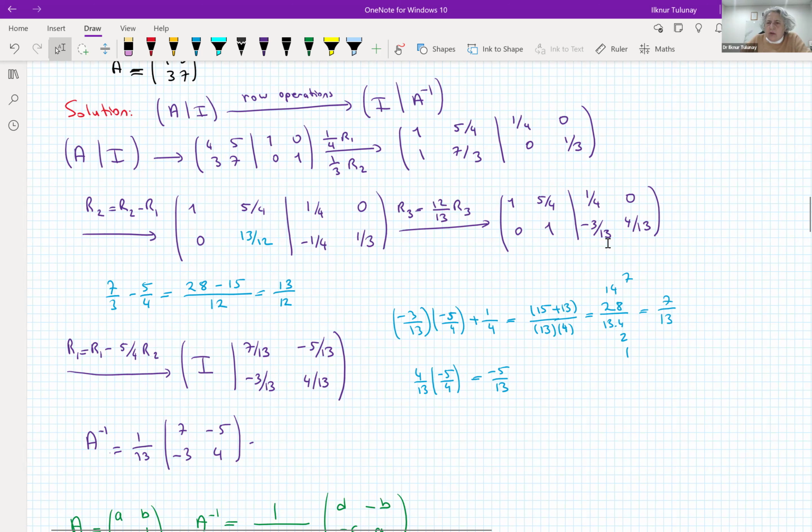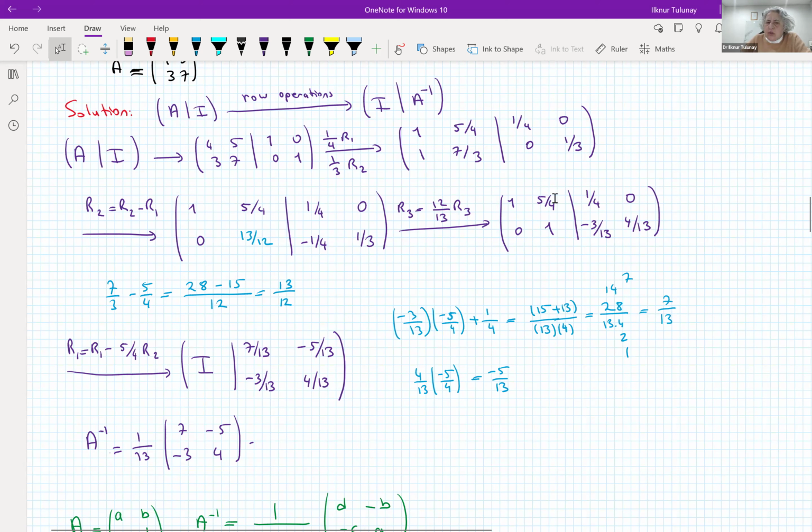Then we have 13 on the denominator, and the negative also moves here. Similarly, if you multiply this by 12, you have 4 on the numerator, and we have 13 on the denominator.